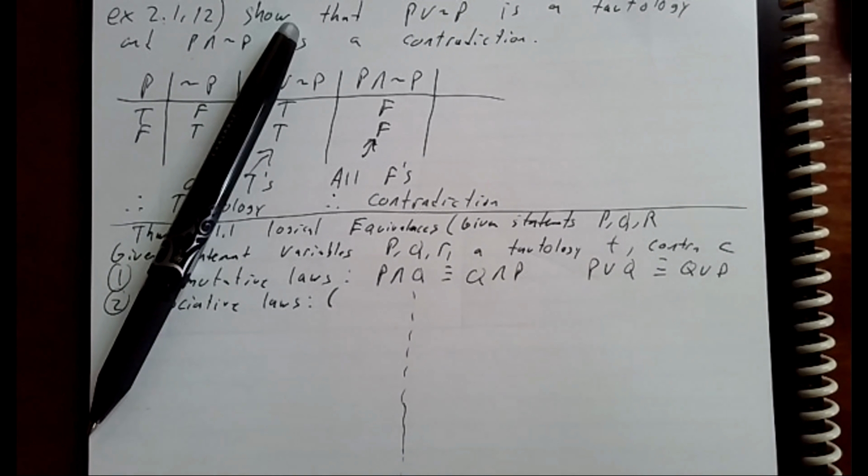So show that not P or Q, and P or Q is logically equivalent to P. So you need to prove that you can get from here to P using those properties. So use 2.1.1.